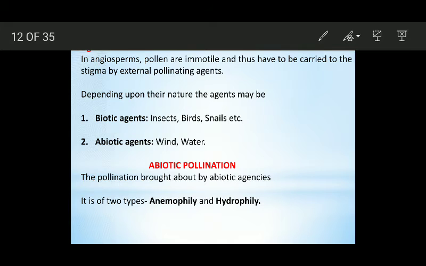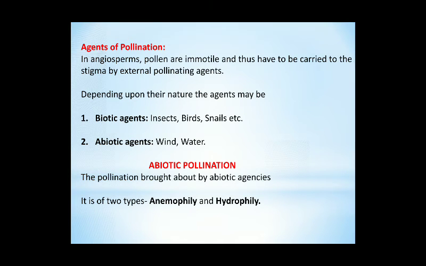In angiosperms, the pollen are immotile, they are not themselves capable of moving large distances. Instead, they have to be carried to the stigma of the other flower by the external pollinating agents.